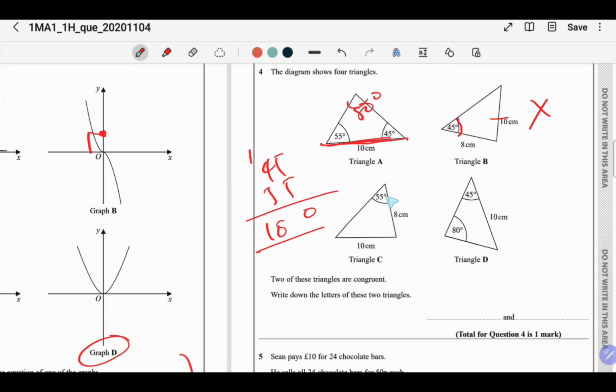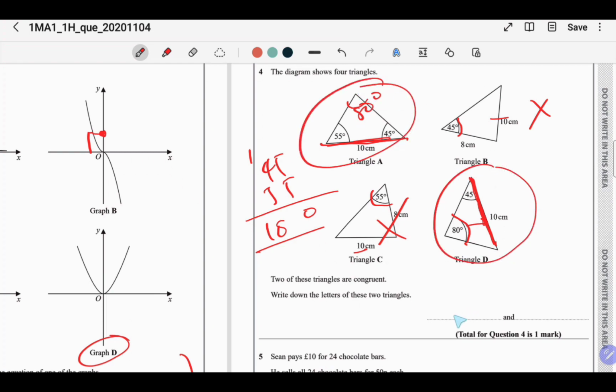Triangle C, the 55 is opposite to the 10, which is not what we want. That means the answer is going to be D, because here the 80 degrees is opposite to the 10 centimeters, and the 10 centimeters also lie on the same line as the 45 degrees. So A and D are congruent.